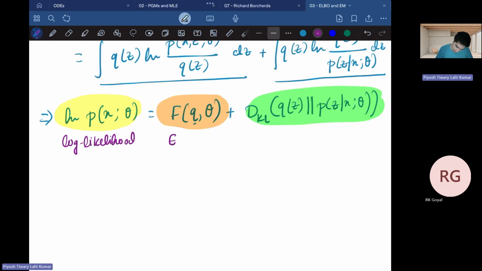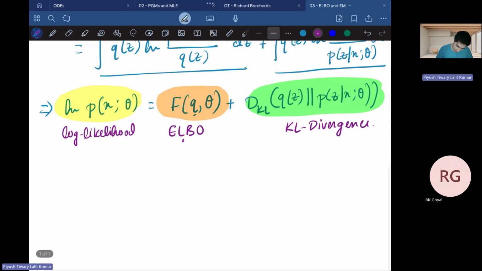This thing is the famous ELBO. And this is nothing but your simple KL divergence. ELBO, what does this thing stand for? This is called evidence lower bound.